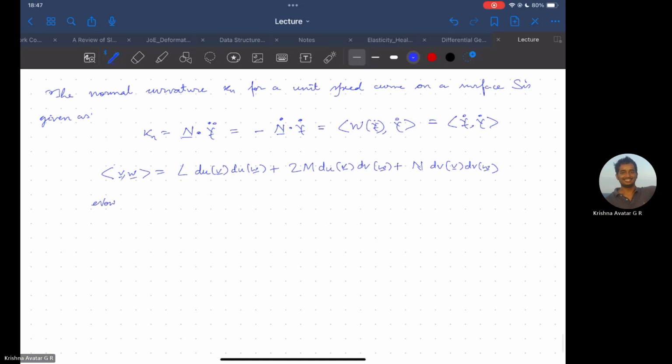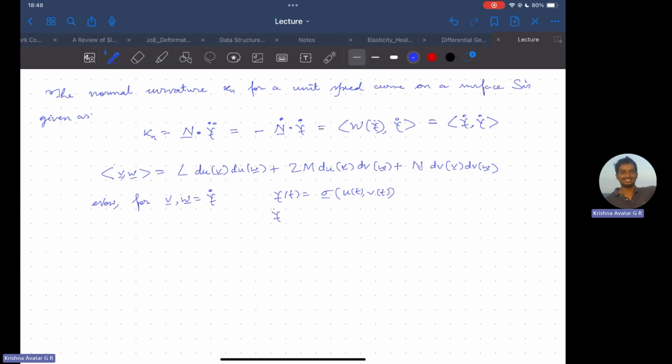Now for v vector, w vector equal to gamma dot vector, right? So in this case, gamma vector is defined in terms of the surface patch as sigma of u of t, v of t, right?